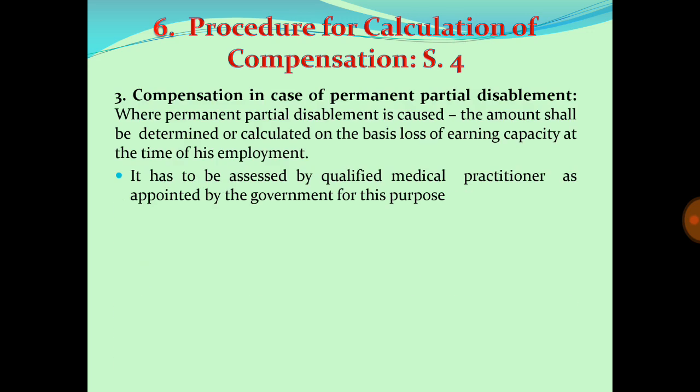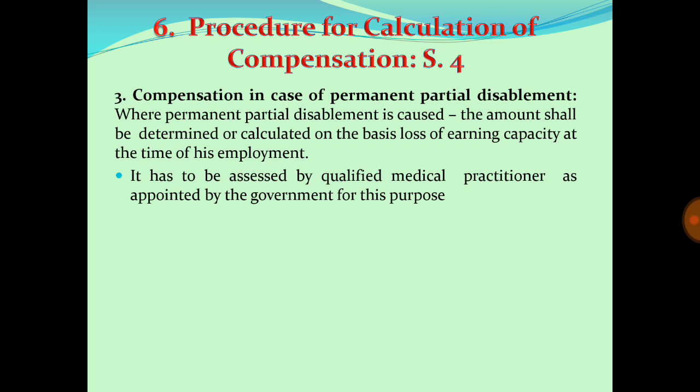The next amount of compensation shall be compensation in case of permanent partial disablement. When the accident results in a permanent partial disablement, the amount of compensation shall be determined on the basis of loss of earning capacity at the time of his employment.